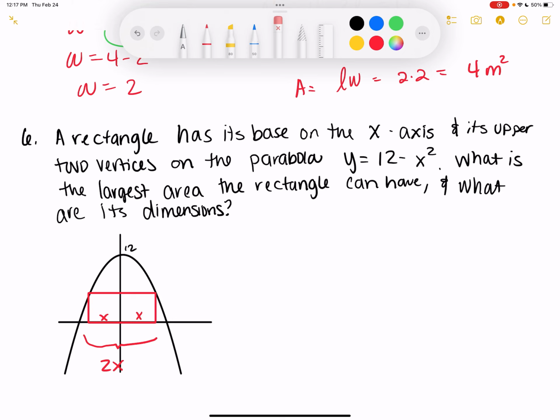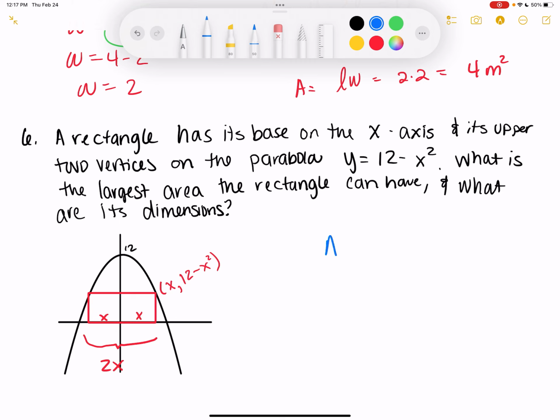Sidetrack. Okay. We would say then that this point occurs at x and then 12 minus x squared. So whatever x is equal to, we plug that in, and that's going to give us the y value in that equation. I'm going to set up as much of this as possible, and we'll go back and finish it tomorrow.